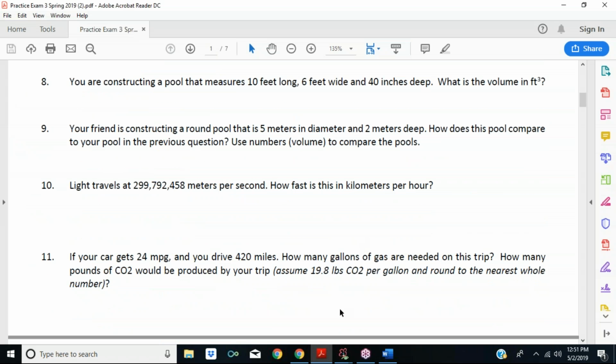So look at number 9, 10, and 11. See if you have any questions there.